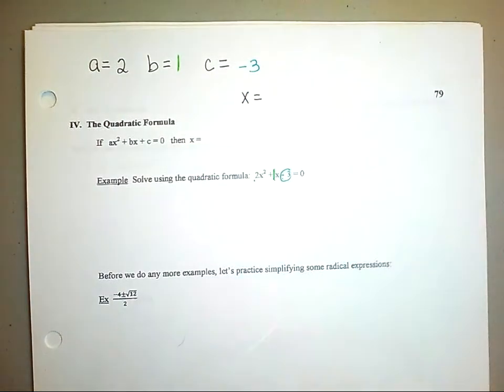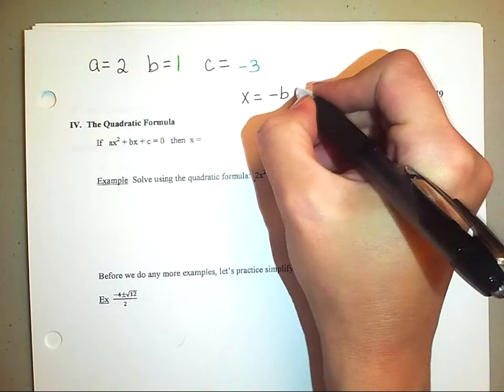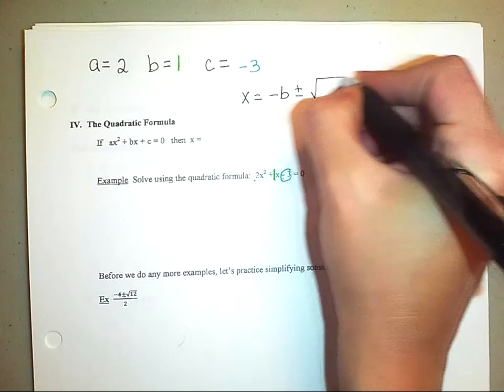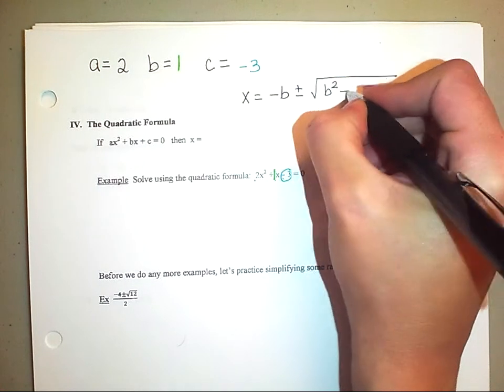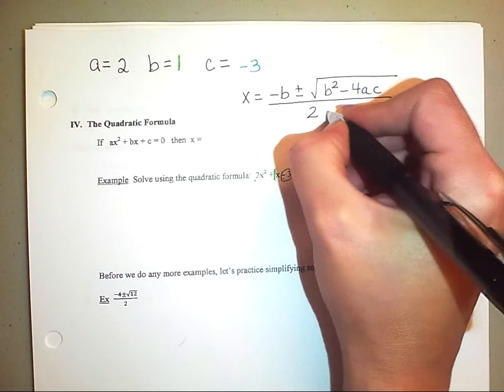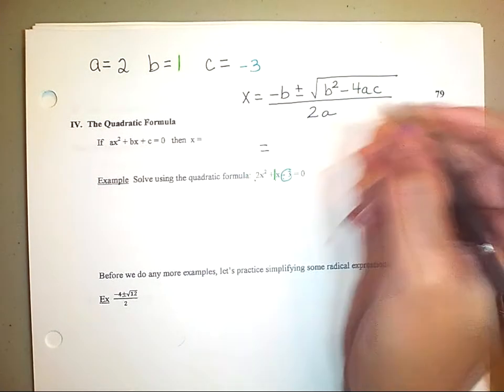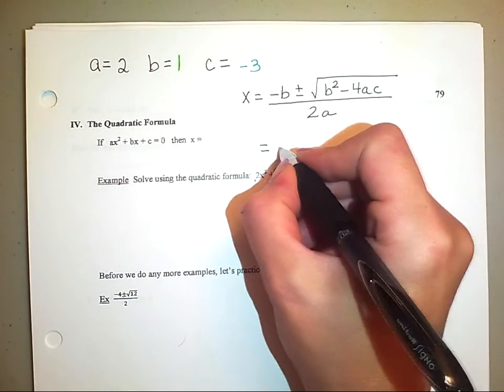Okay, so here we go. X is equal to, and anytime you do this, write down the equation. It'll help you memorize it. Negative b plus or minus the square root of b squared minus 4ac, all of that over 2a. Now let's start substituting in.